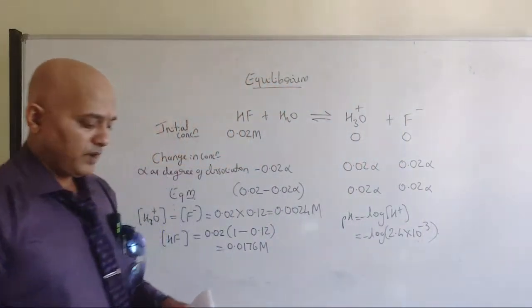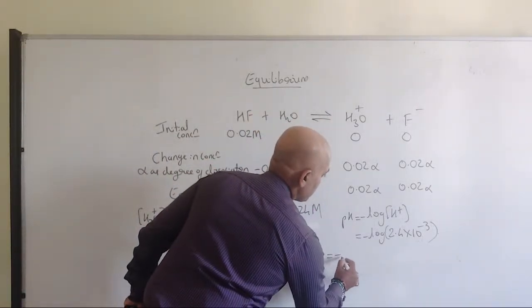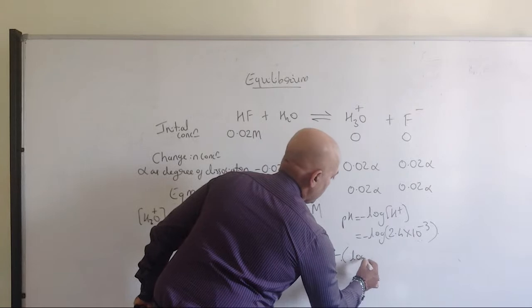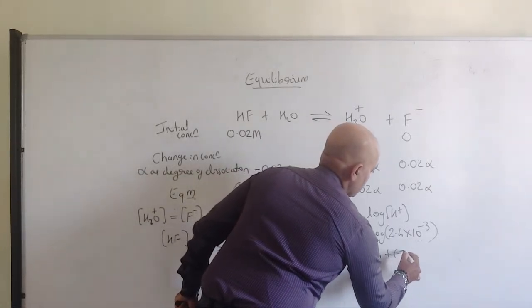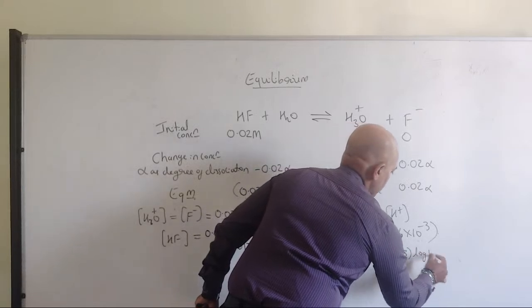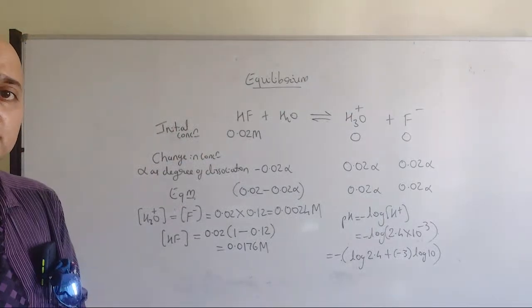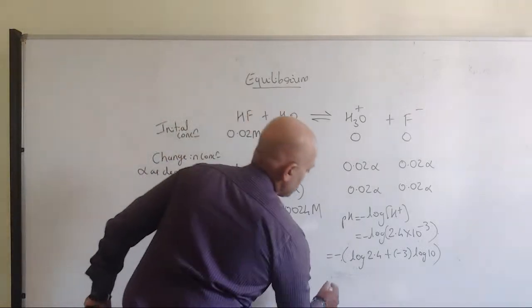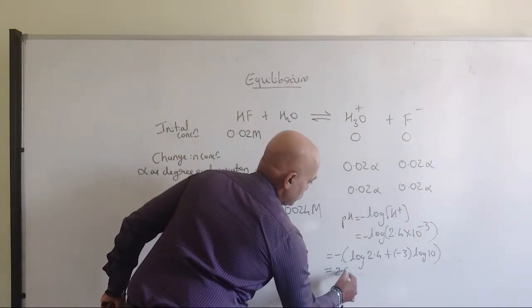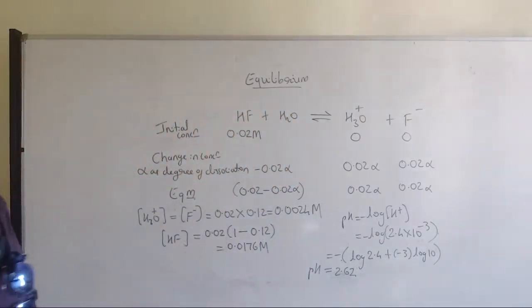So that means it will be minus log of 2.4 plus minus 3 log of 10. Okay, yesterday we have discussed, right? So naturally the answer will be 2.62. Therefore the pH will be 2.62. Fine.